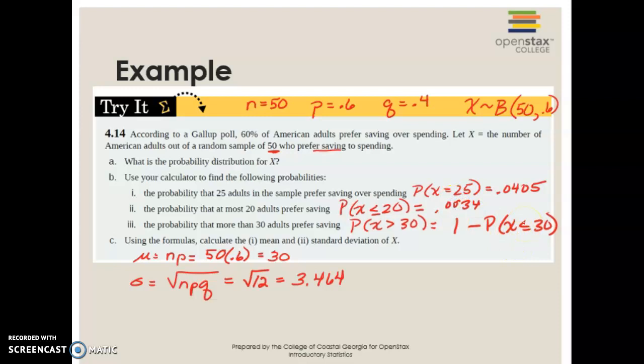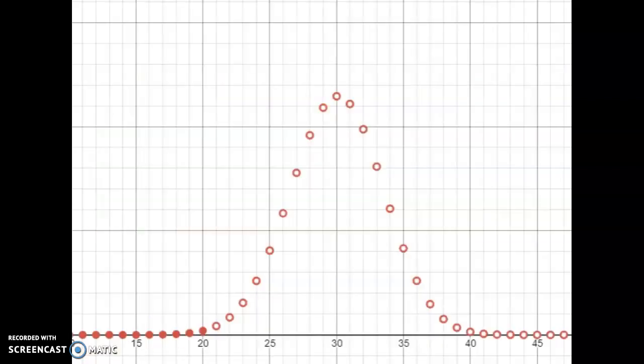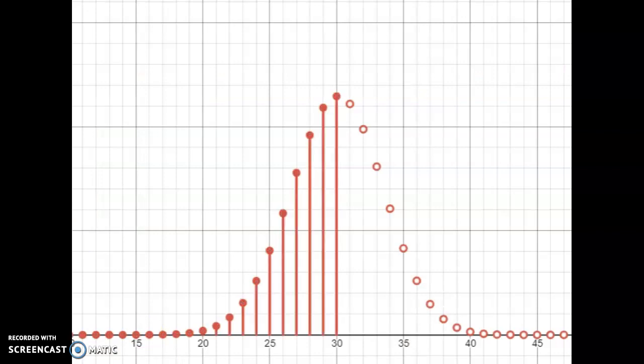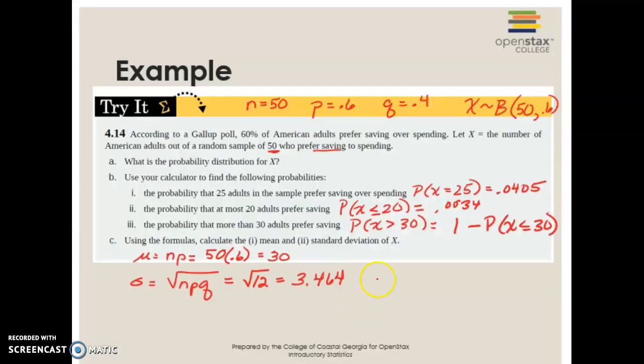Your last one you're going to do exactly the same way, only you're going to have 1 minus that when we finish. So my max here will be 30, and I'll get 0.5535, but 1 minus 0.5535 leaves me 0.4465. So your answer here is 0.4465.